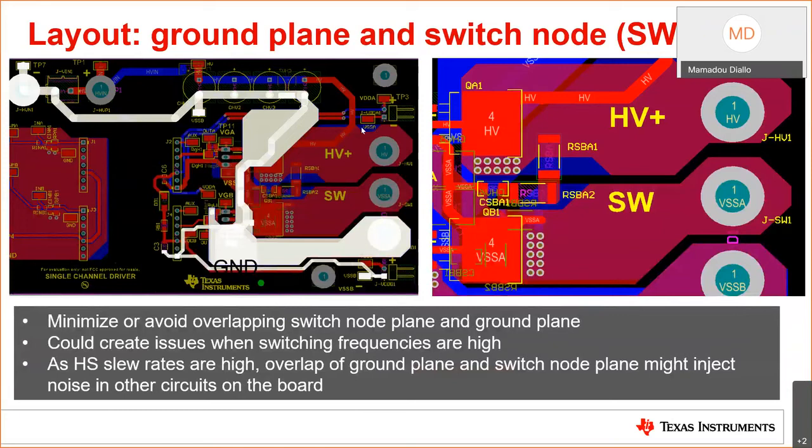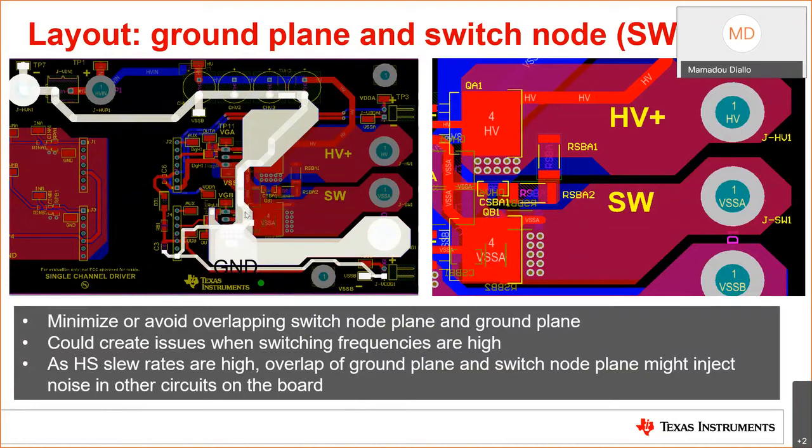Here's another example of parasitics and DVDT caused by the PCB layout. I want to make sure I emphasize here again the component placement and how the gate drive loop could derail the whole power stage and system.